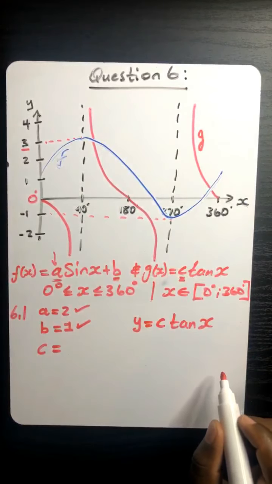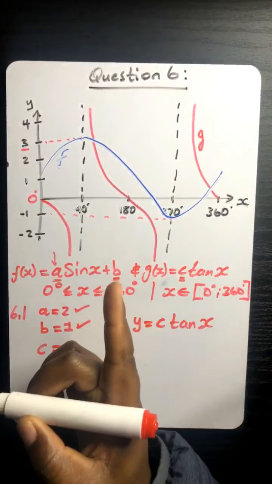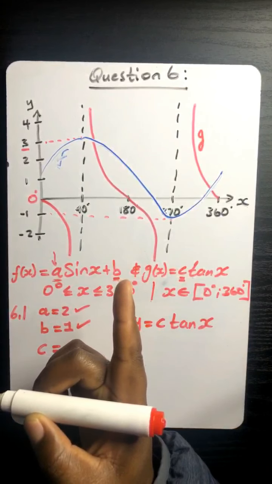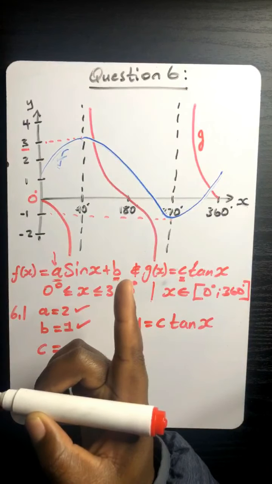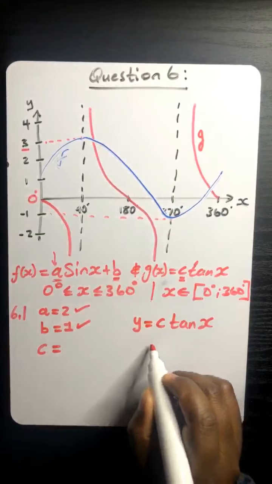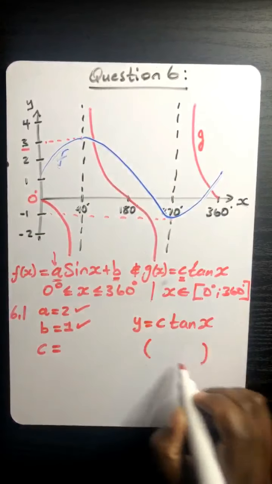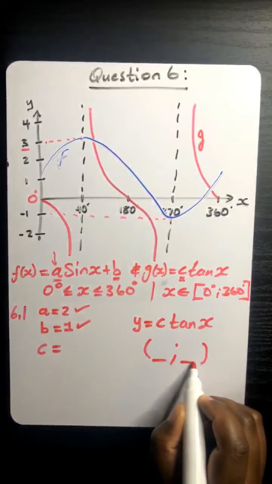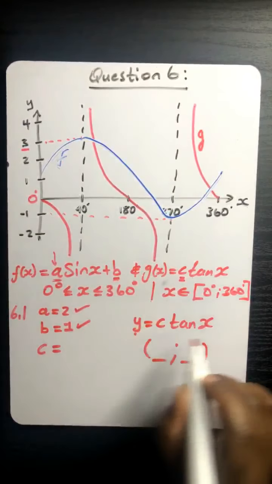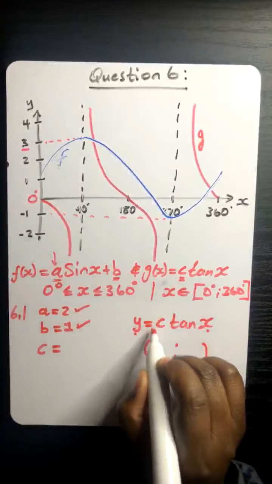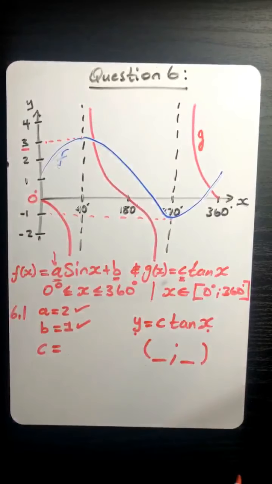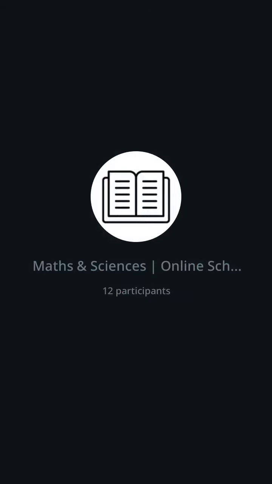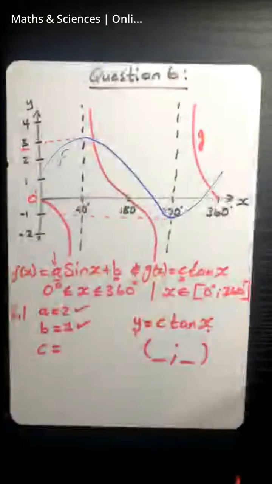How about we try to use 1 point from there, and from that point have the x and the y value and substitute there and try to calculate for that c value. What do you guys think about that? Don't you think it's a good idea, guys?